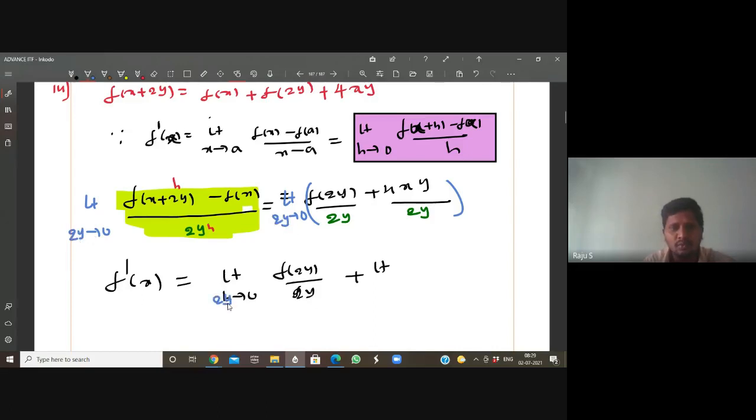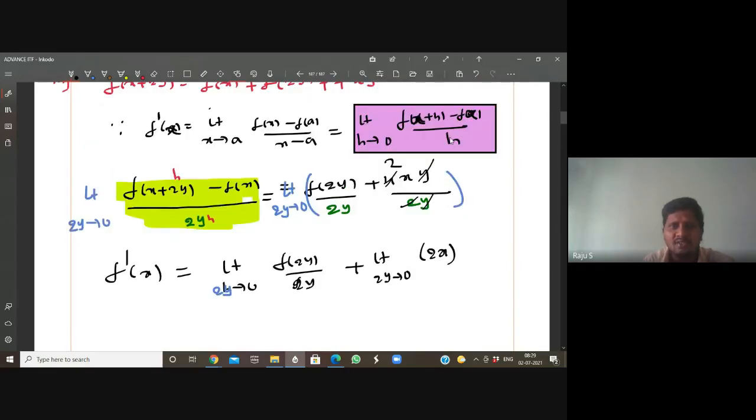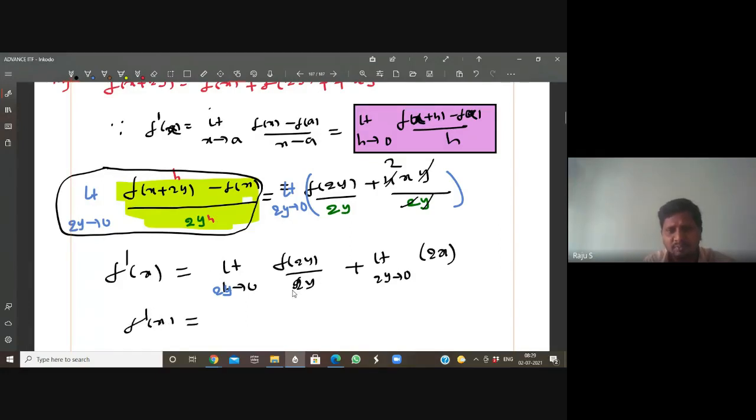Here it is 2y tends to 0. Here also limit 2y tends to 0. Then the remaining y gets cancelled. The 2s cancel, and the remaining value is 2x alone. Okay. Limit h tends to 0, h value is 2y, 2y tends to 0. This is f dash of x according to the formula of derivative, right? Now f dash of x is equal to, now simplify.